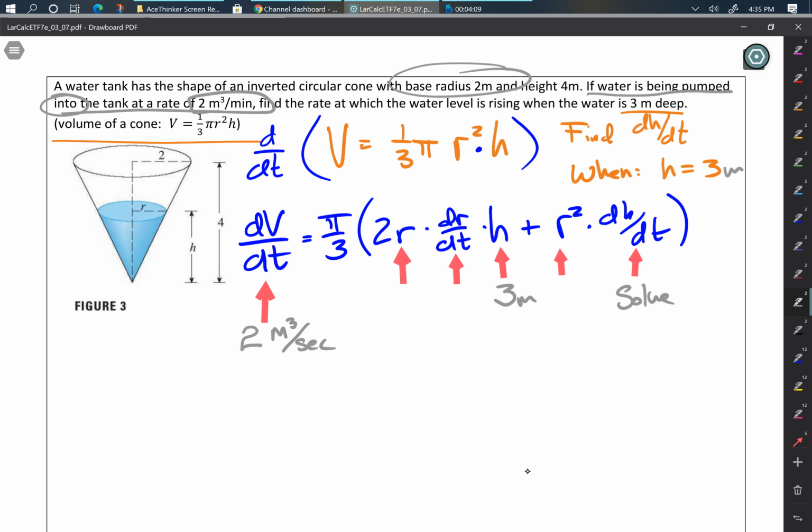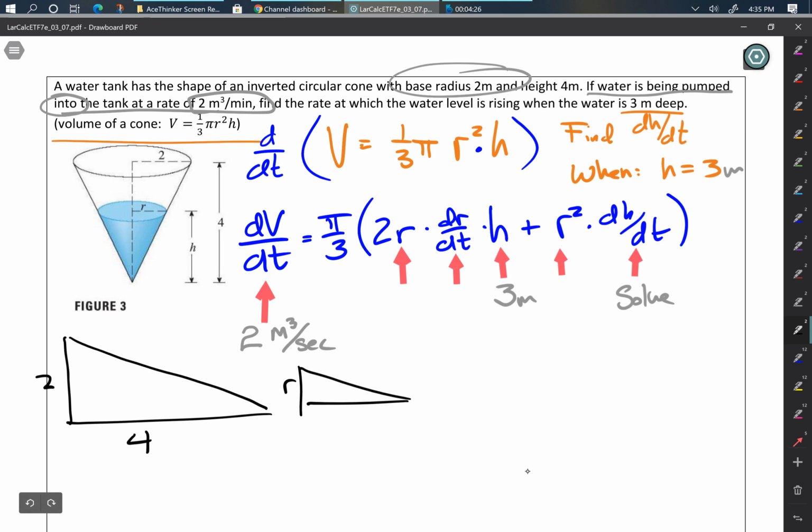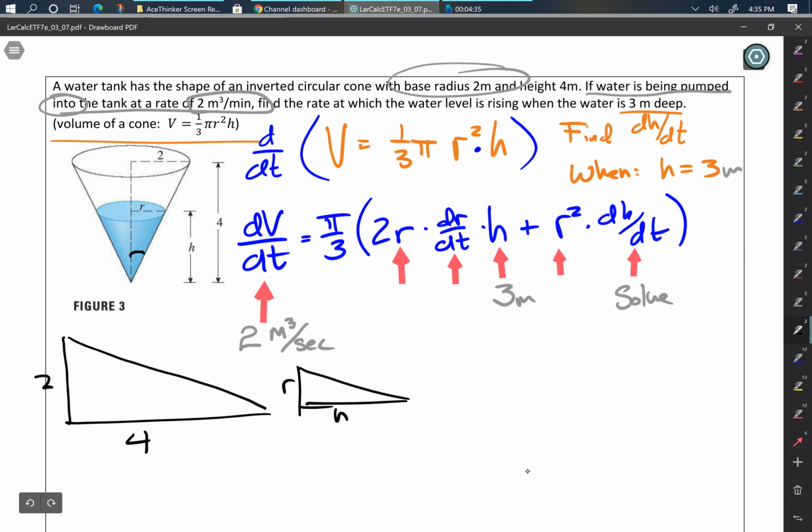Okay, I'm seeing it. I'm hoping you're seeing it too. Do you see the similar triangles? Of 4 and 2 and r and h. This angle is the same for both of them.